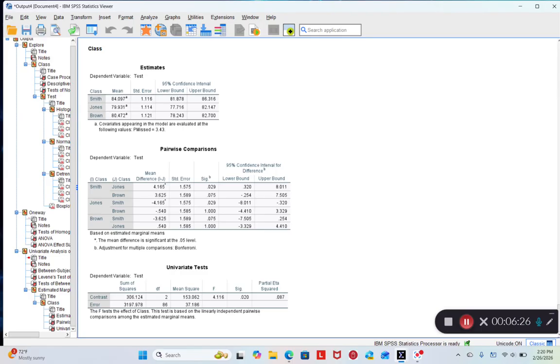That is above 0.05, so there's no significant difference. Then we look at Jones versus Brown, because we've already done Jones and Smith. They are at a 1, so that is also no significant difference.